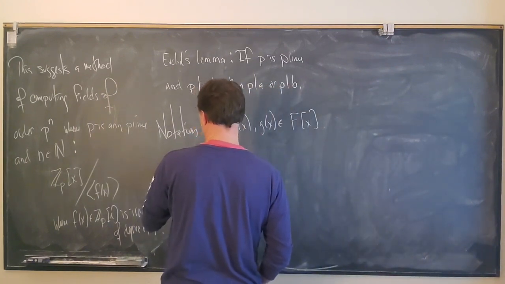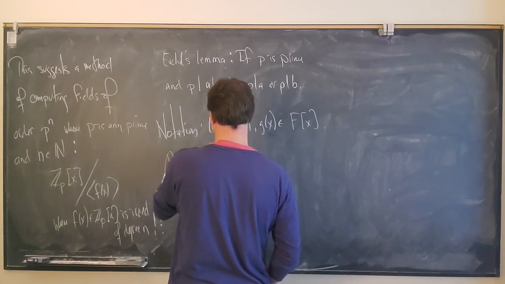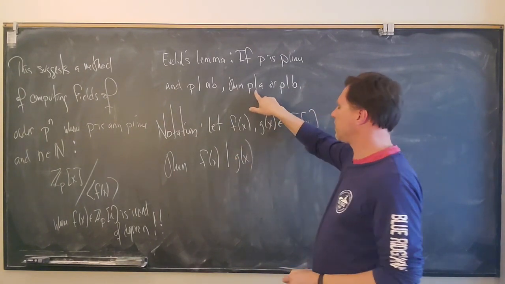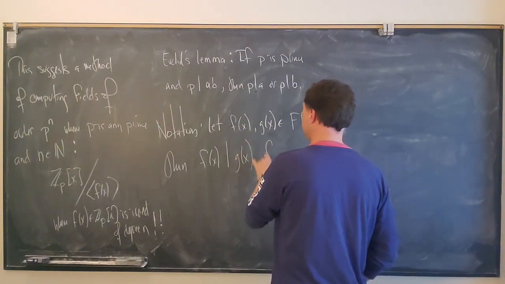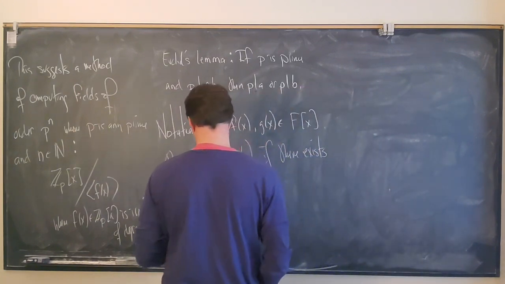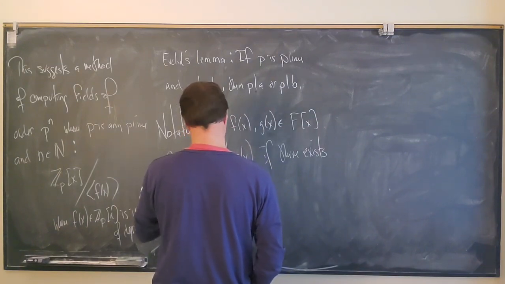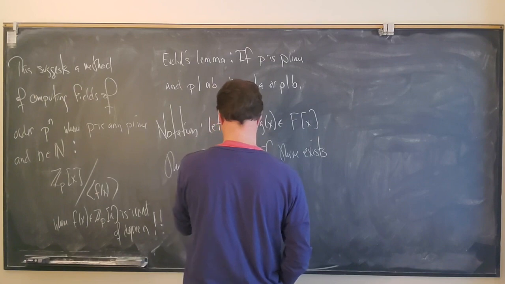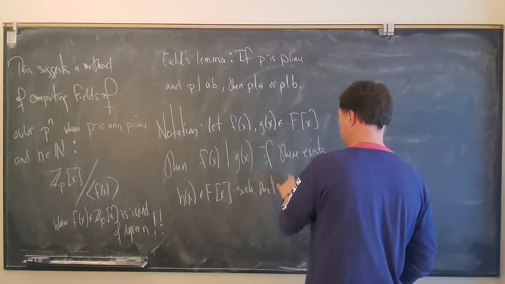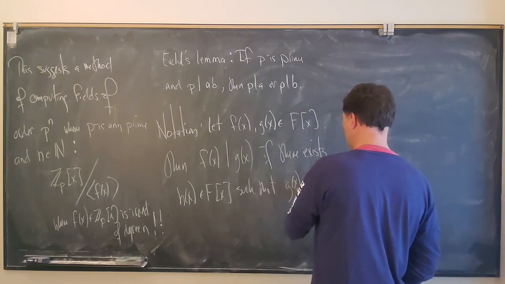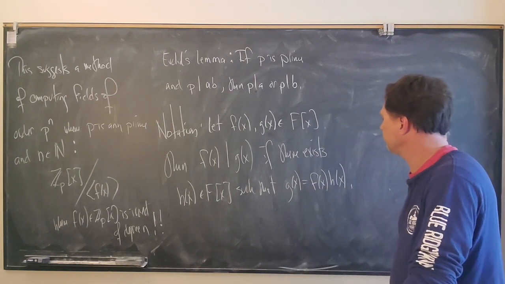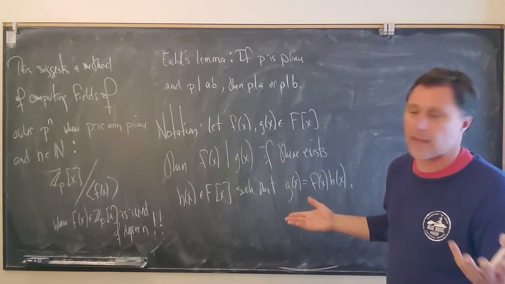Then we say that f(x) divides g(x), and I use the same slash that we use here, if there exists, say, h(x) in F[x] such that g(x) is equal to f(x) times h(x). Same thing you'd expect, right?